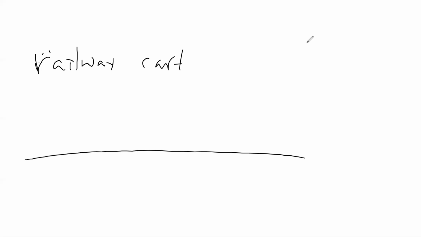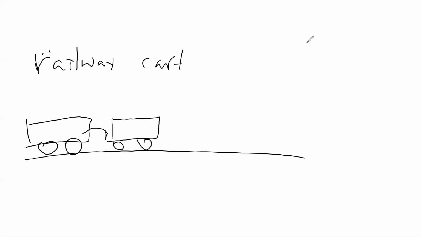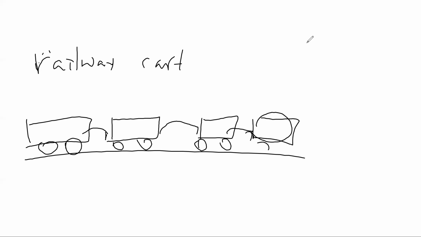And visually, you can also think of this like a railway, like Amtrak, or a railway cart. It looks something like this: you have a car, and then you have a hook. The hook hooks the next cart, and that cart has a hook to the next cart, and so on. It should be a square.